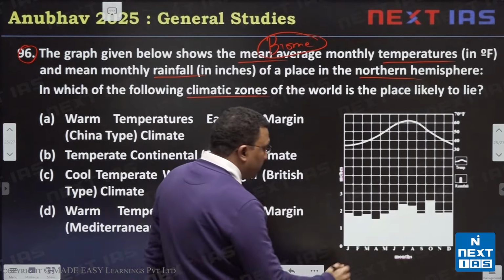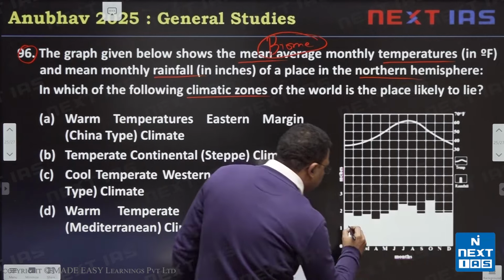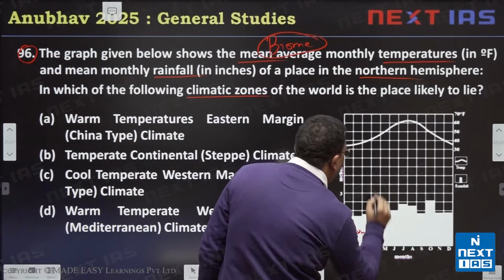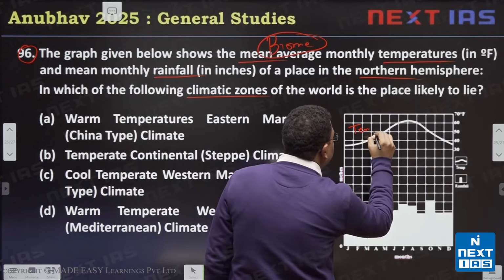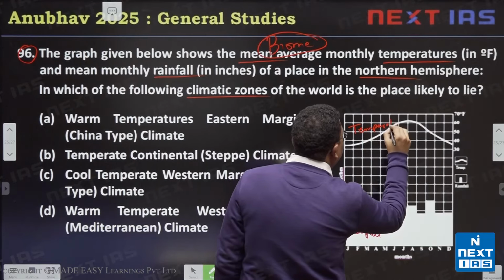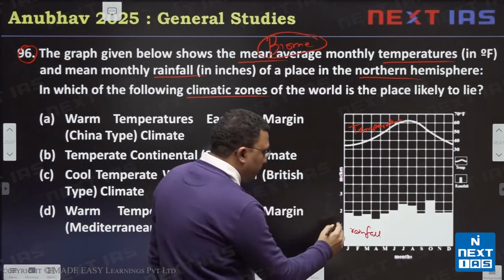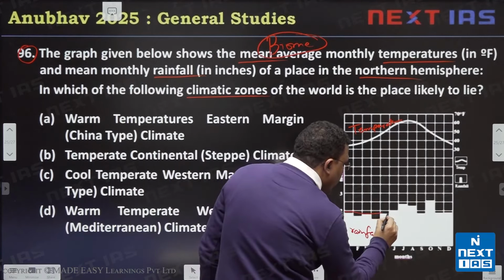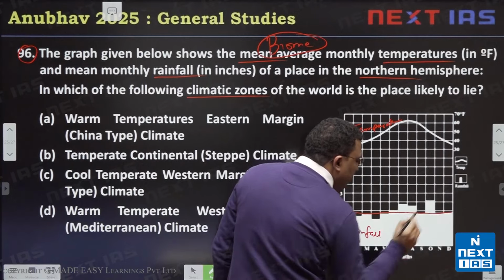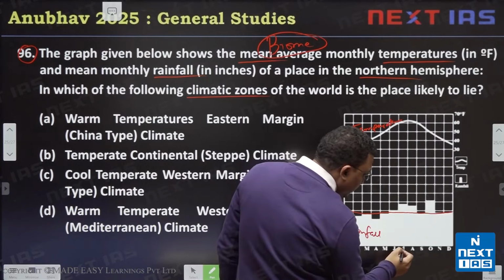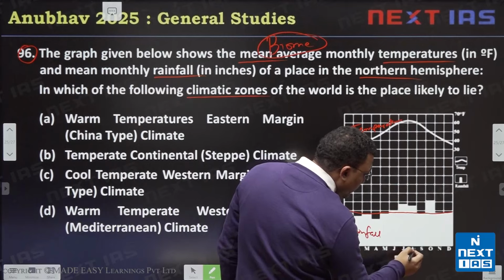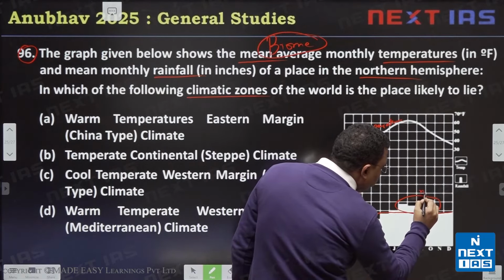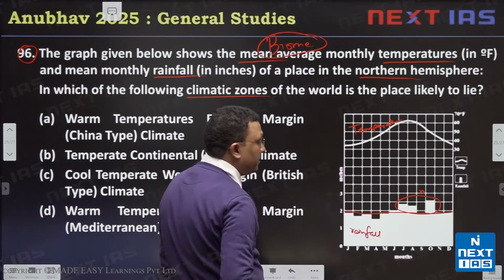So if we observe the graph here, this is rainfall, and this is temperature, right? So if we observe, the graph of rainfall is almost uniformly distributed throughout the year. Only in some months around June, August, September, October, there is a minute spike here, only in 2-3 months.